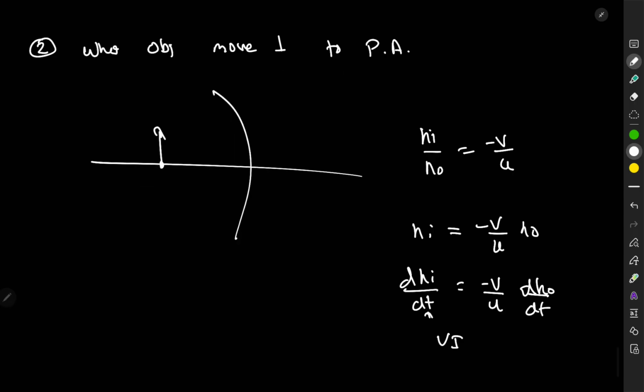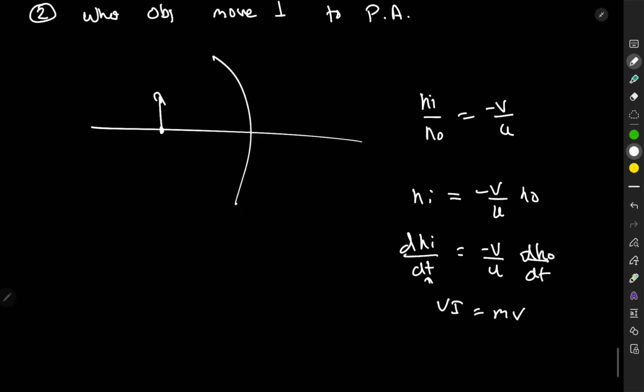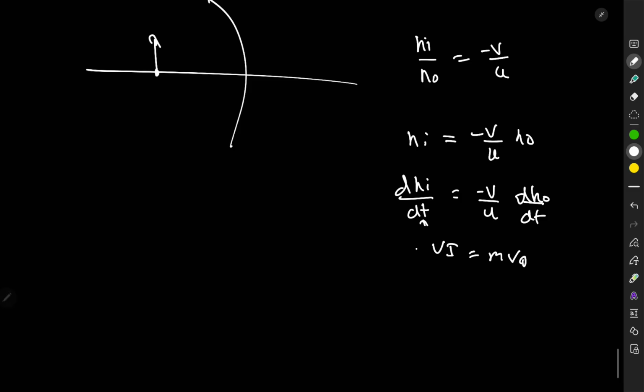So velocity of image is equal to m times velocity of object. Fine. Clear? Okay, this is another formula when it is perpendicular to the principal axis, not to the mirror, to the principal axis.